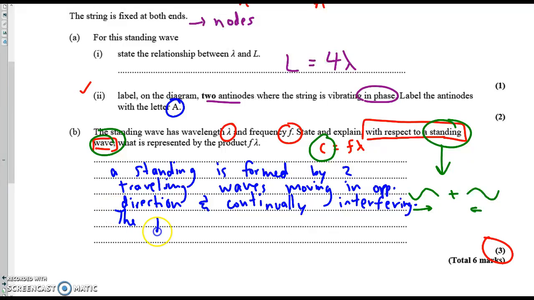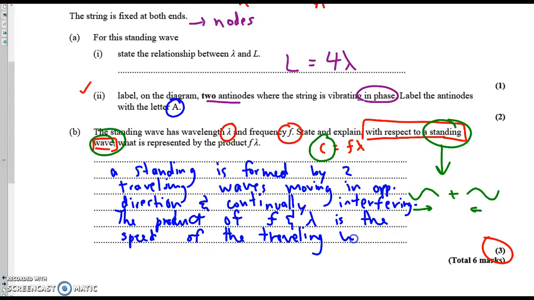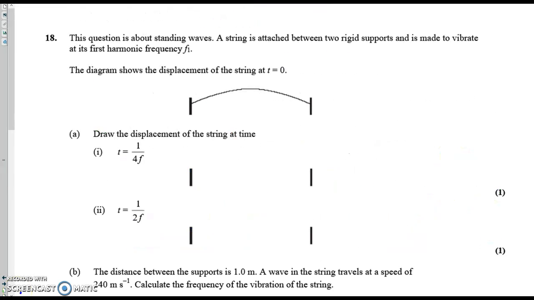The product of f and lambda is the speed of these traveling waves. On to the next one.